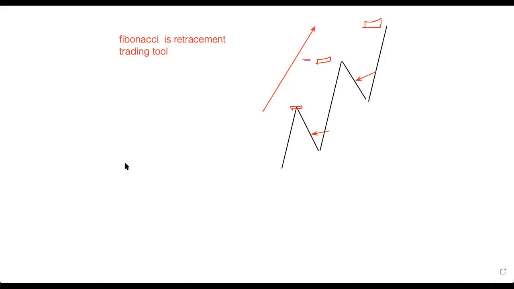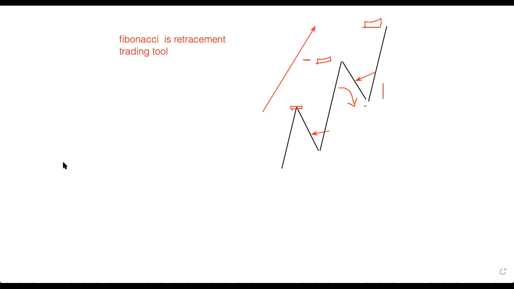A pullback doesn't mean a change in direction here, but it means that take profit orders have been hit. And now buyers are trying to find new points to continue buying with the uptrend. So this is why these retracements happen.